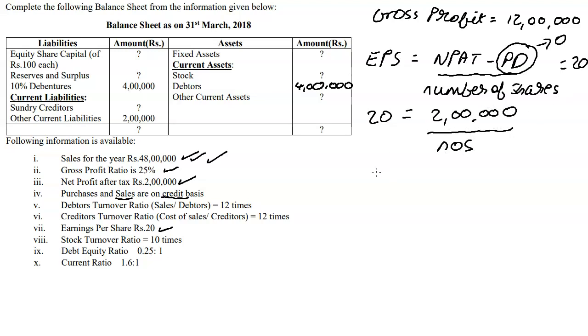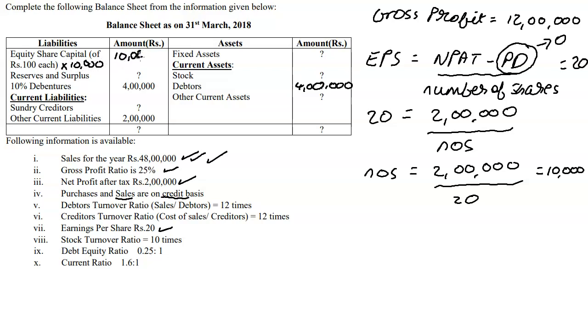Okay, so now I know that number of shares is equal to 2 lakhs upon 20, okay, which is going to give me 10,000 shares. And that 10,000 is what I'm going to multiply into 100 over here to get myself 10 lakhs as the equity share capital.